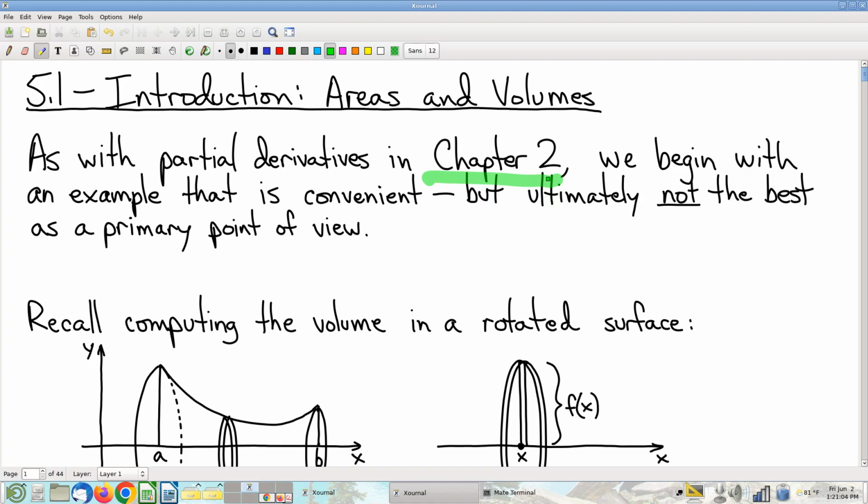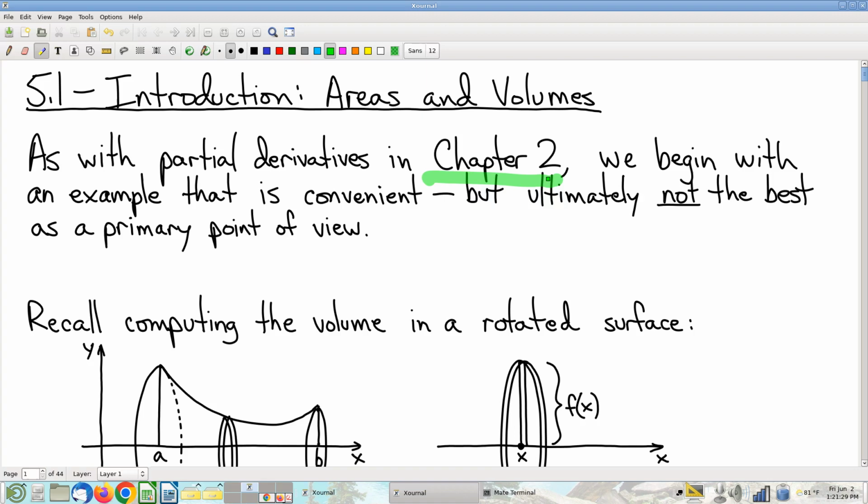I hope you all have a good perspective on that now: the best way to think about a derivative in multivariable calculus is that it's a matrix. That's what turns input changes, which are vectors, into output changes, which may also be vectors. That doesn't show up in partial derivatives.